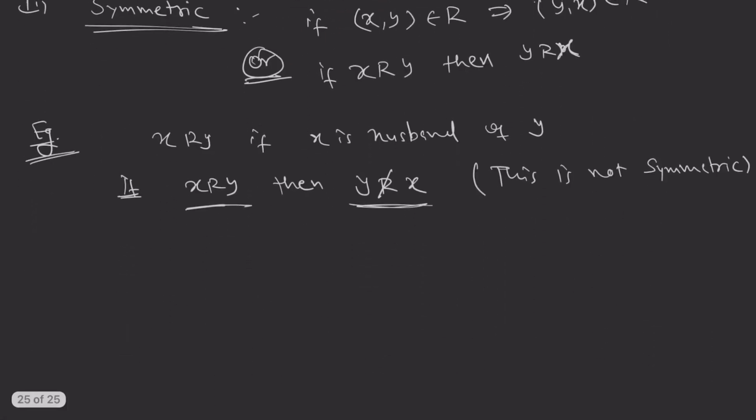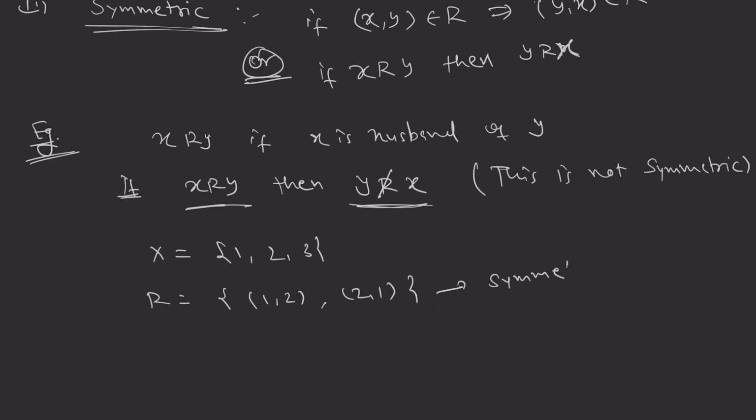But we can define a relation R containing (1,2) and (2,1). This is symmetric. Why? Because (1,2) is there, so (2,1) should be there. (2,1) is also there, so this is symmetric.